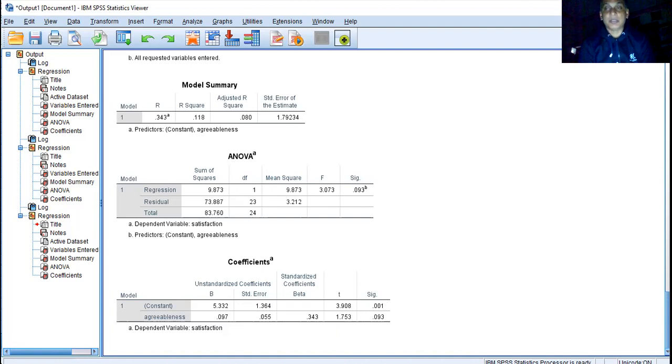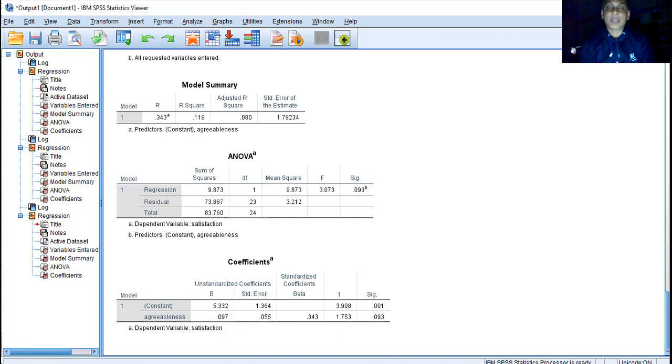Coming to the value of effect size. Now r square, if you look at r square value, it is 0.118. This means that r square is 0.118, or you can call it 11.8%.